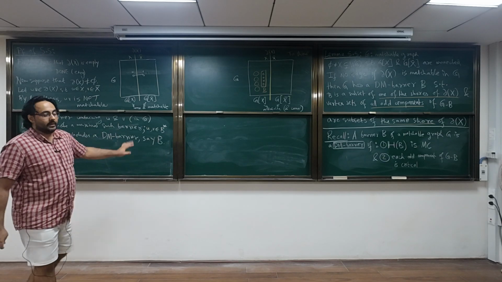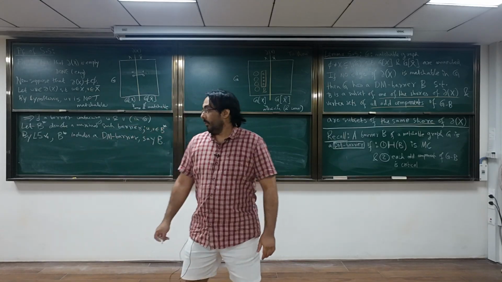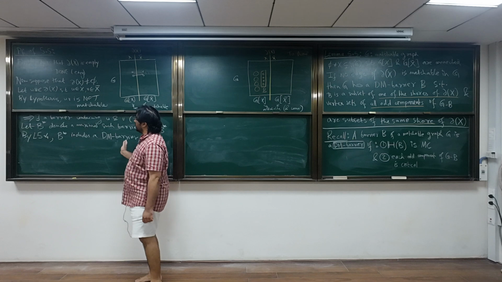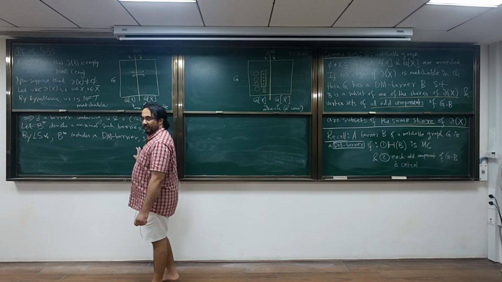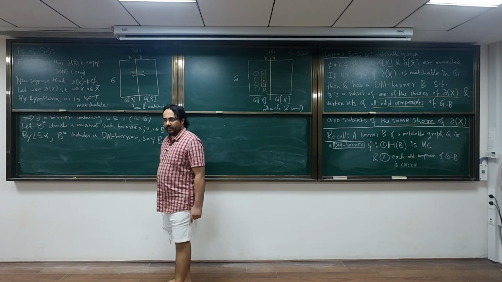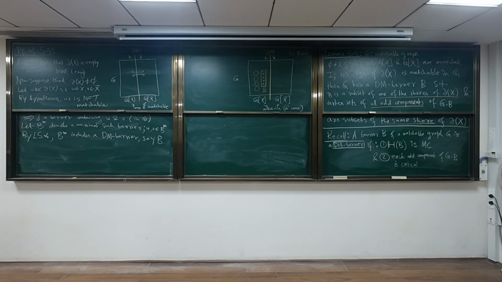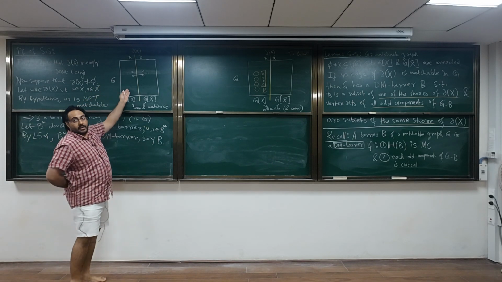So we'll now think about this barrier. As you can see by the choice of notation, we want to argue that this B is the desired B. So we want to show that the barrier B itself lives in one shore.